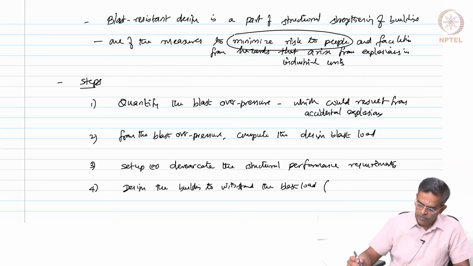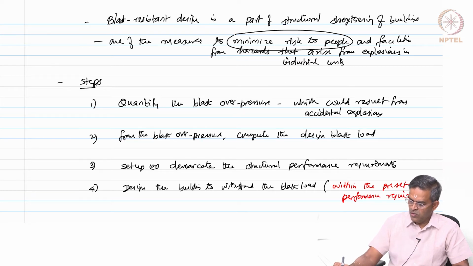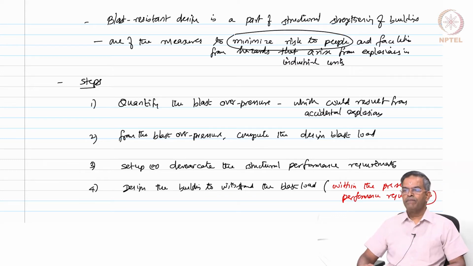Very important: within the preset performance requirements, that is very important. There is no blast proof structure. For a blast resistant design, you set up the performance requirements of the structure. It can be immediate occupancy, it can be life safety, and so on.